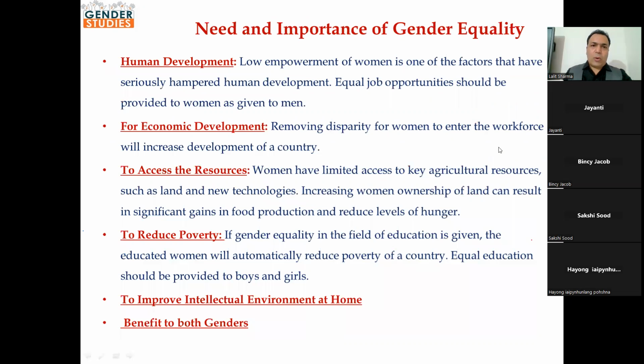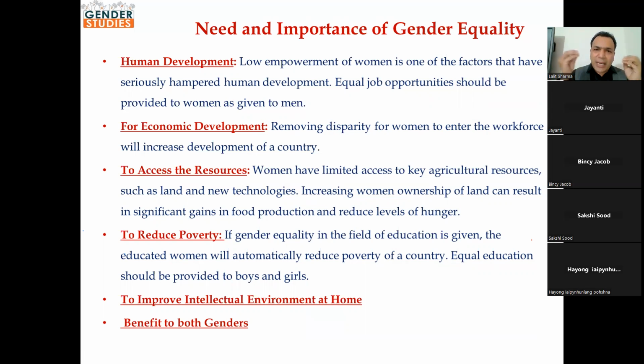Now the next is, what is the need and importance of gender equality? Number first is human development, right? You have seen that low empowerment of women is one of the factors that have seriously hampered human development, because we are not giving equal opportunity to male and female.